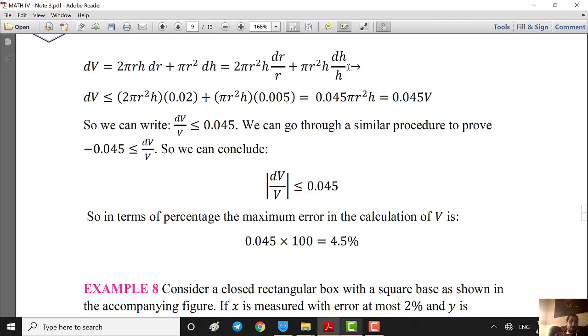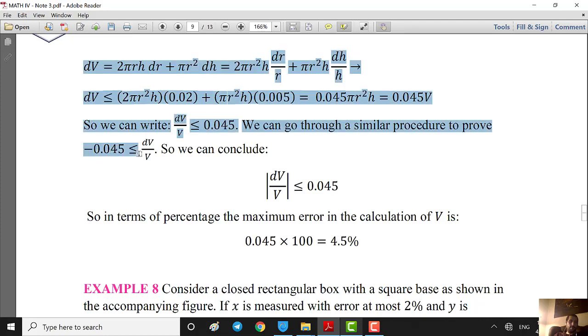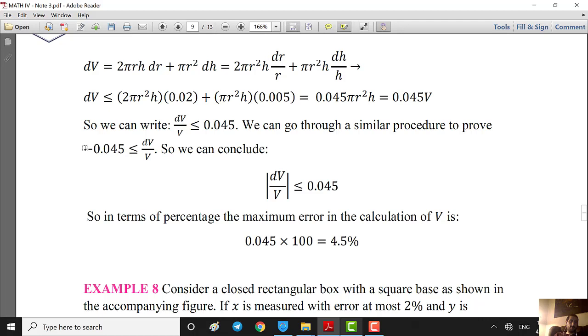And we can go through the same process and conclude that dv over v is bigger than or equal to minus 0.045. And from this and the other conclusion that we made, we can conclude that the absolute value of dv over v is smaller than 0.045, right?